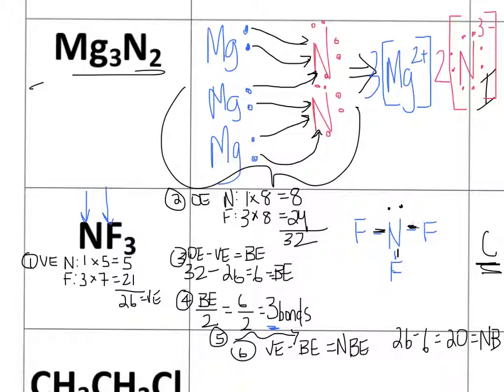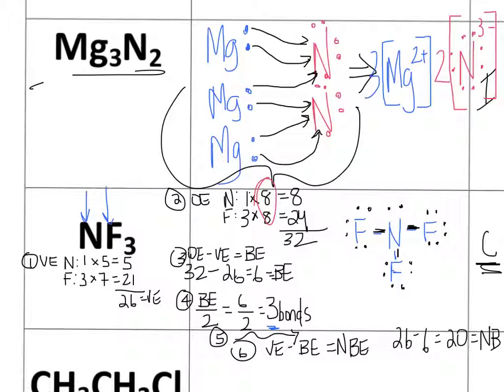So here's 2, 4, 6, 8. And this fluorine also needs 8. So 2, 4, 6, 8. And same with this fluorine, 2, 4, 6, 8. Okay, now everything has octet. All of them have 8, which is what they originally wanted, okay?